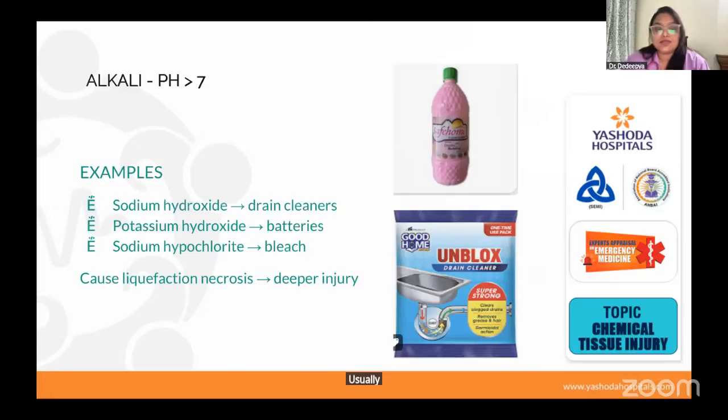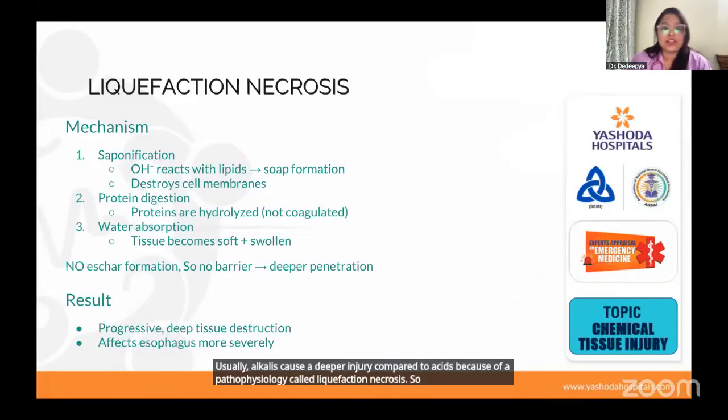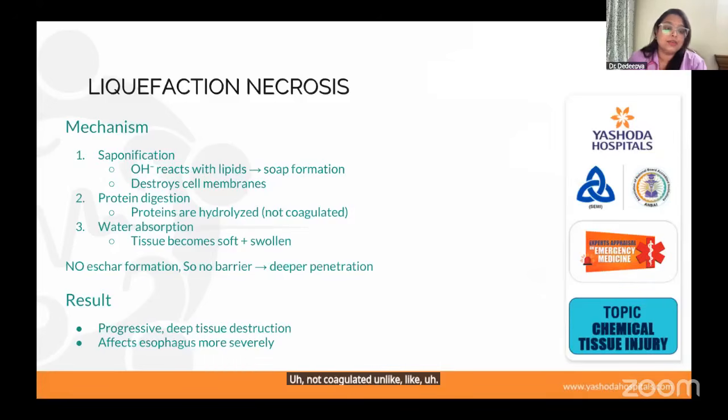Usually, alkalis cause a deeper injury compared to acids because of a pathophysiology called liquefaction necrosis. So we'll discuss what is liquefaction necrosis. The hydroxide ion reacts with the lipids, which forms a soapy-like structure, which is called saponification. It itself destroys the cell membrane. Also, the proteins get digested, not coagulated, unlike acid burns.